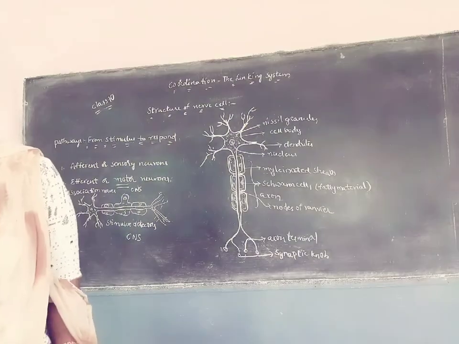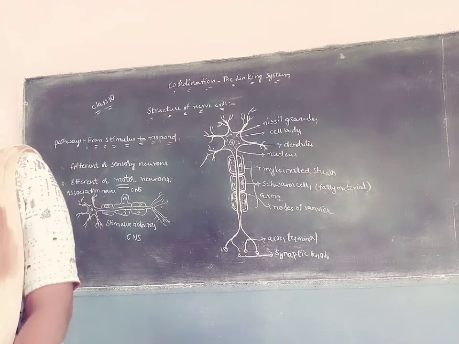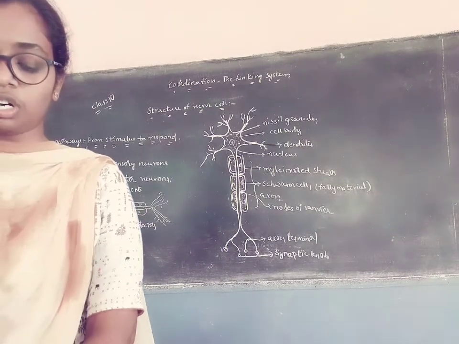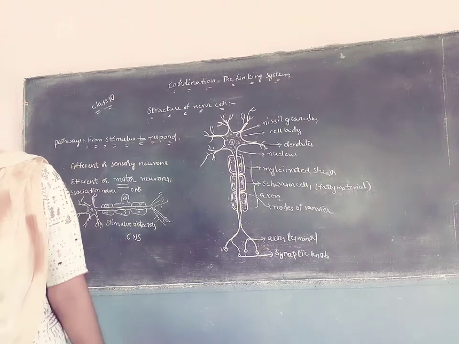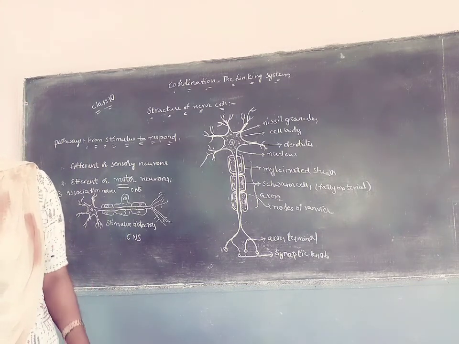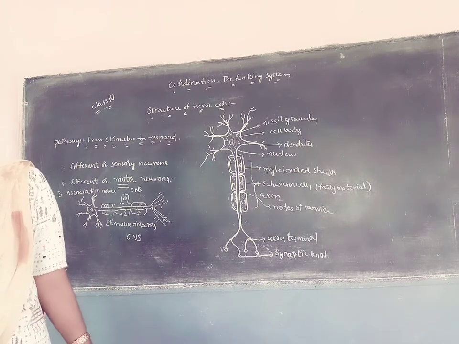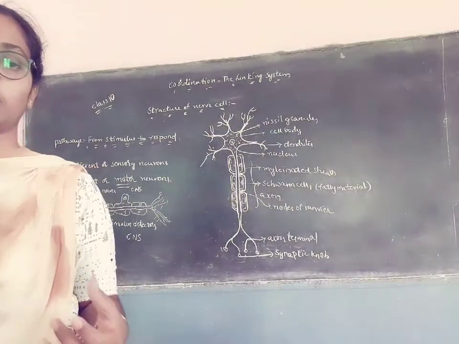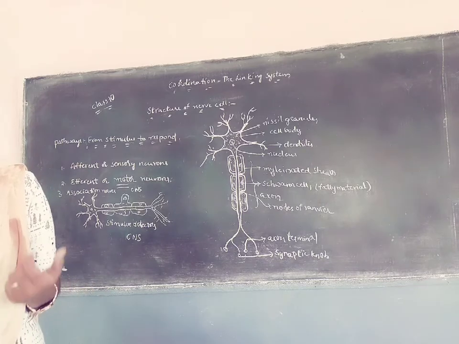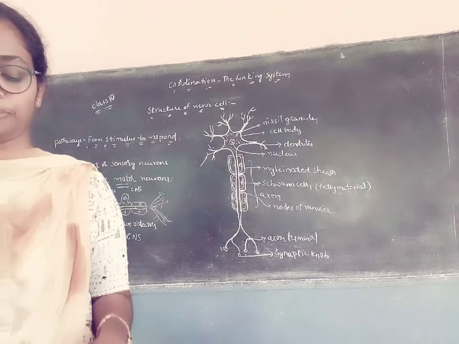Okay, so here he has given two questions. Which organ of our body was the detector and which the effector in activity 1? So detector: through eyes we have detected that the scale is falling from above. We hold it with our hands, and that is known as the effector.